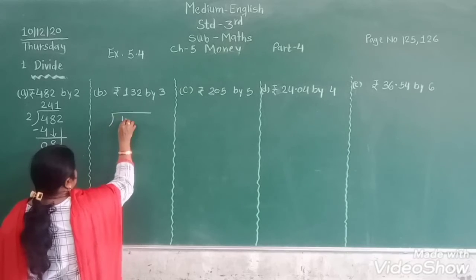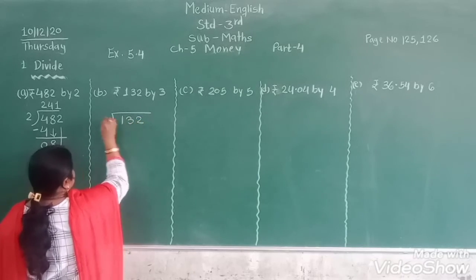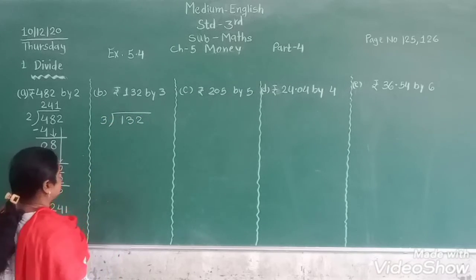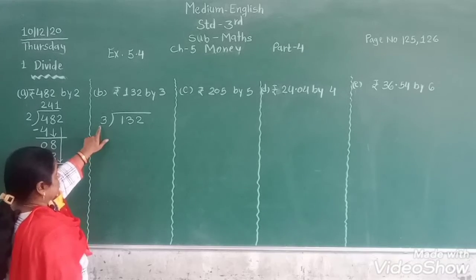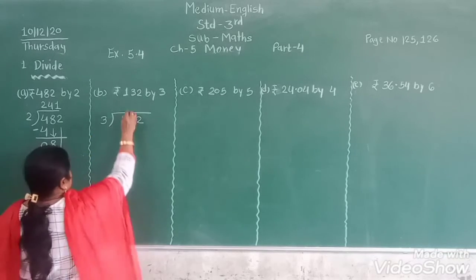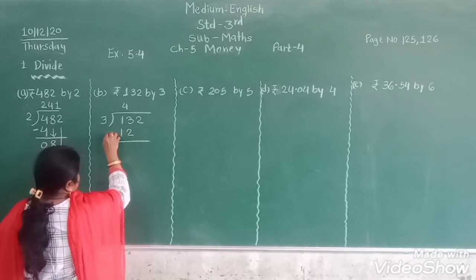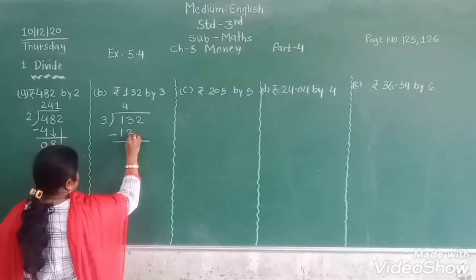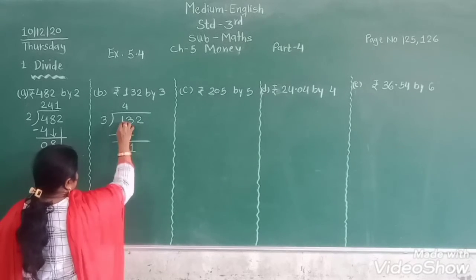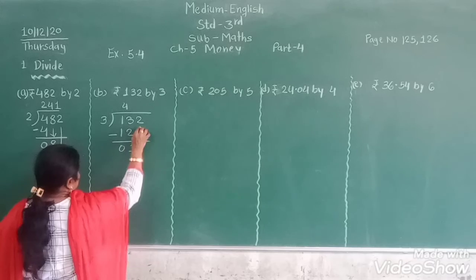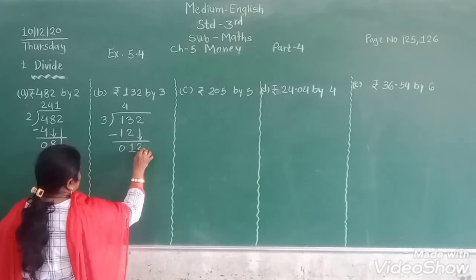Okay. Now second sum, rupees 132 divided by 3. 3 fours are 12. Okay. Now we will do subtract. 3 minus 2, 1. 1 minus 1, 0. Bring down 2.